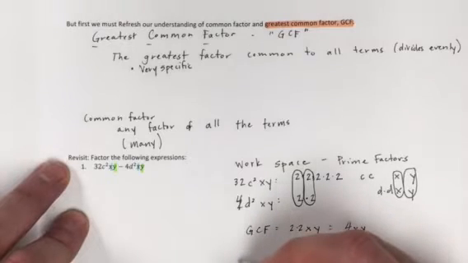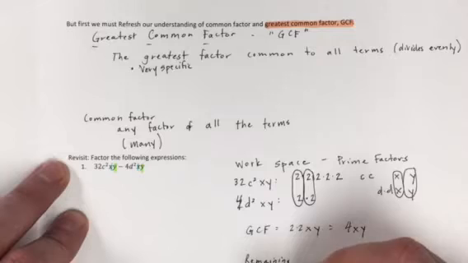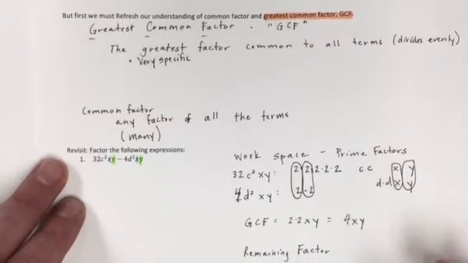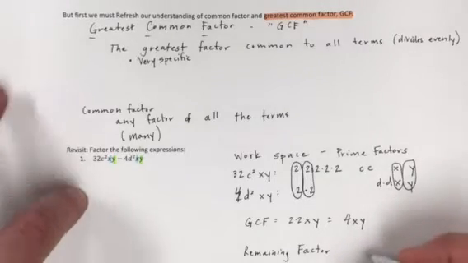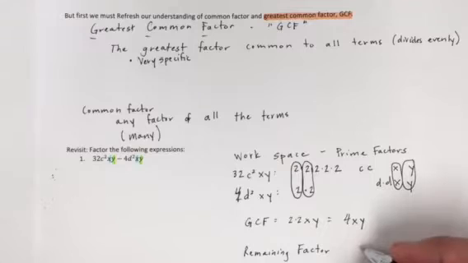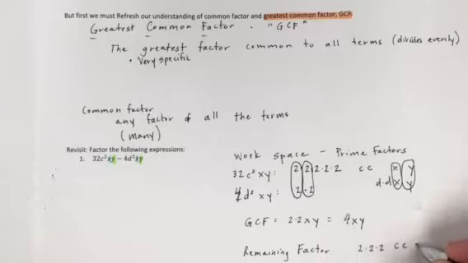Then I look at the remaining factors. And I see in the first number there is a 2 times a 2 times a 2. I also see a c times a c. That in total equals 8c squared.